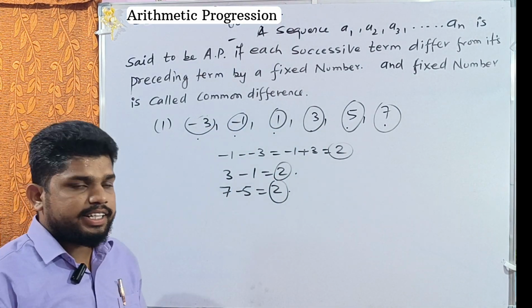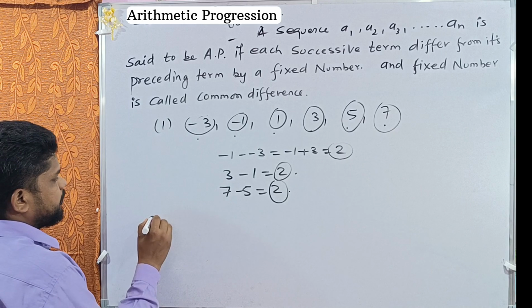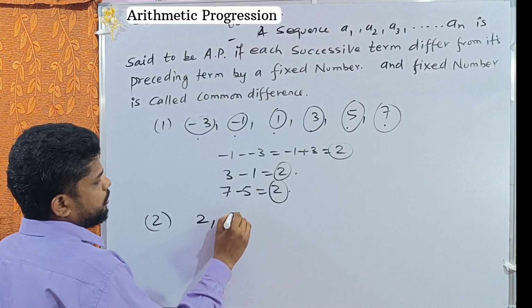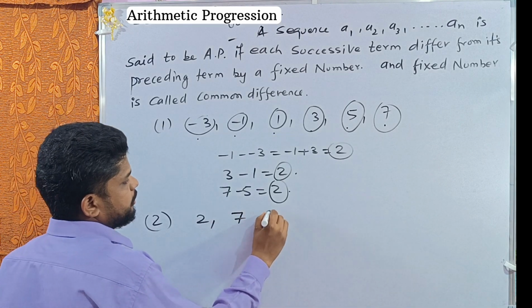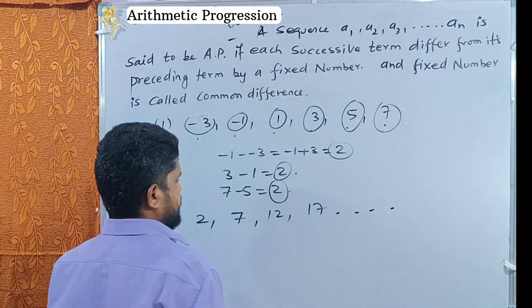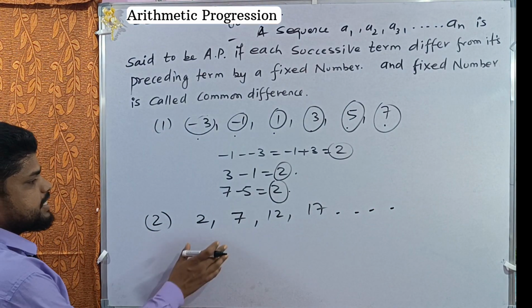Okay, let us take another example. Suppose I write 2, 7, 12 and 17, and so on. Here this is the sequence.